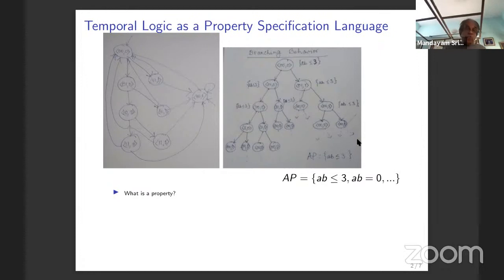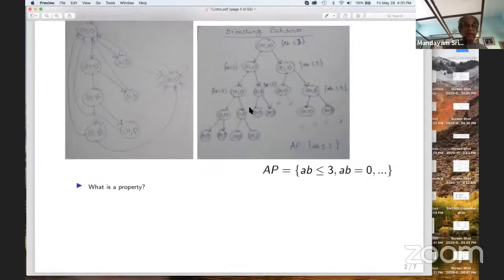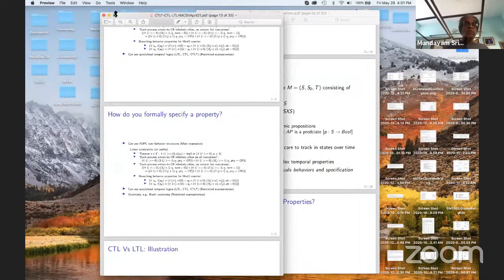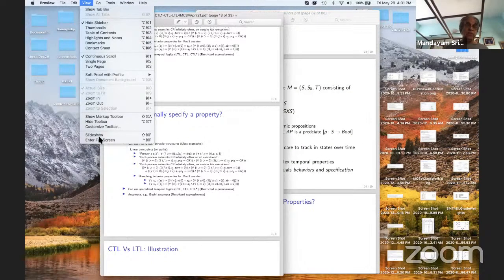So the limited point I'm making is that you could use first order predicate calculus to do that.